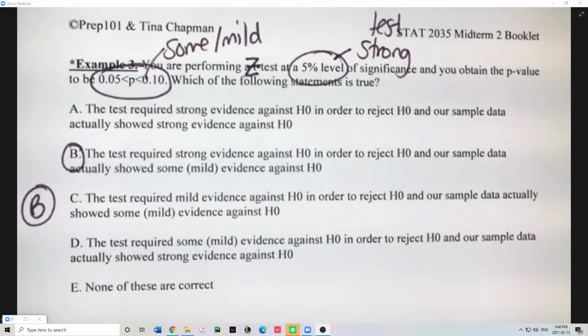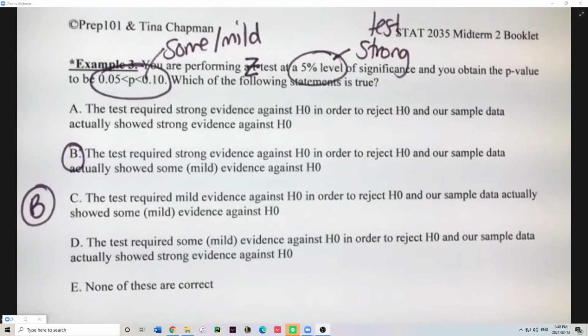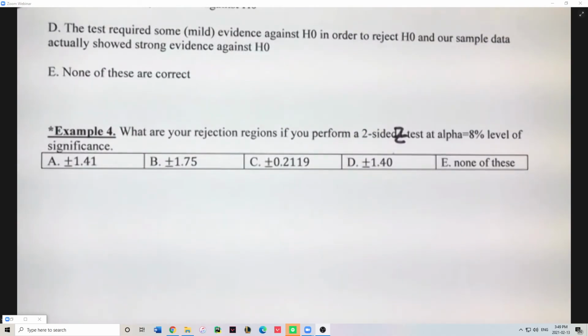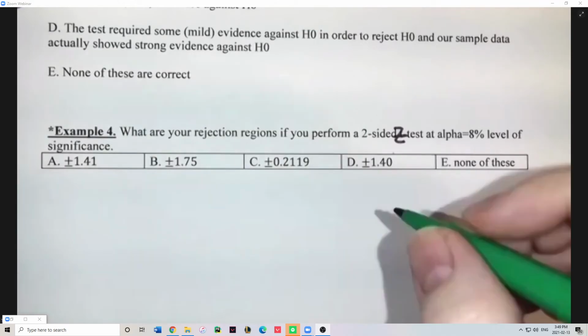Okay, so now instead of concluding based on p-value, you can also do the critical value method, where you look up the critical value based on your alpha. So we'll practice that a little bit today, and again tomorrow. What are your rejection regions if you perform a two-sided Z test at alpha equals 8% level of significance?